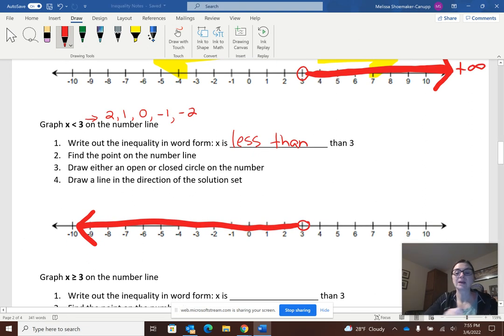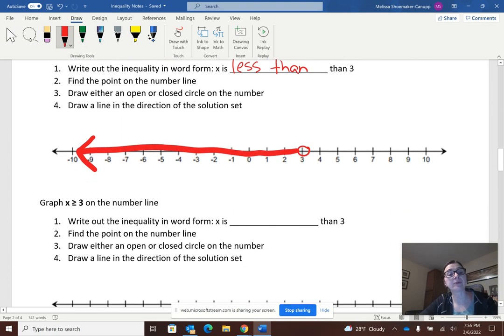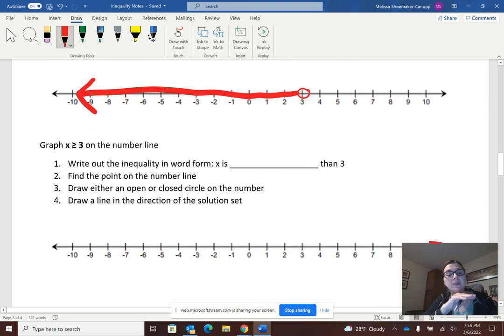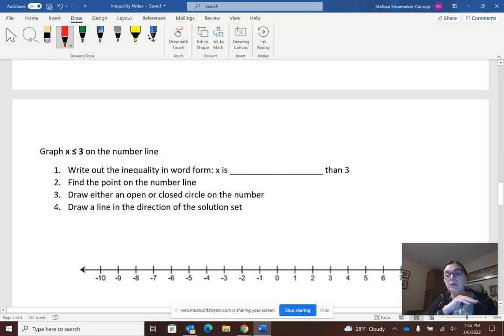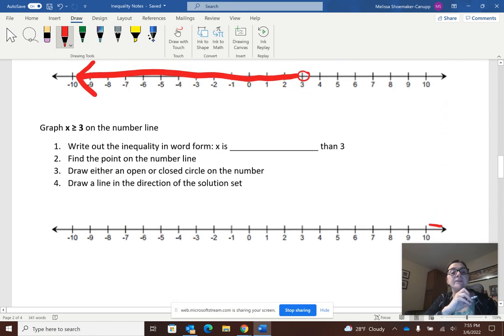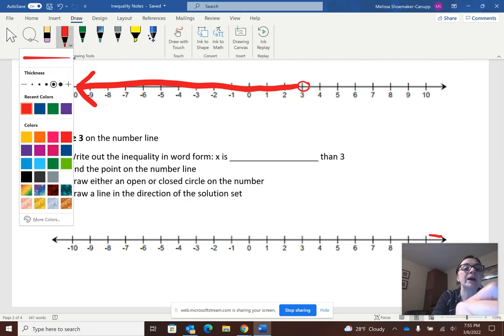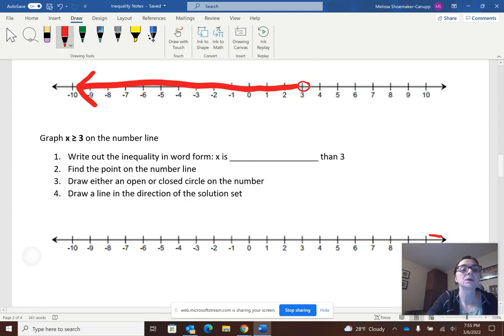Okay. Now let's think about greater than or equal to, less than or equal to. The only difference on this is that we have to color in the circle. Greater than or equal.